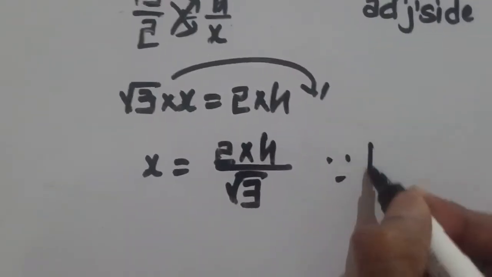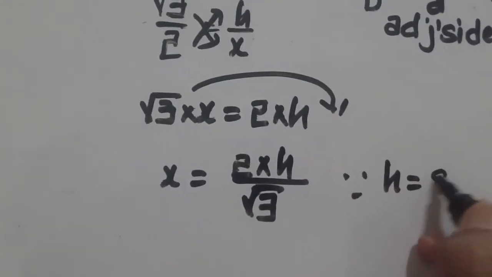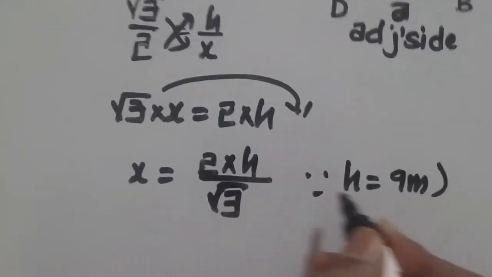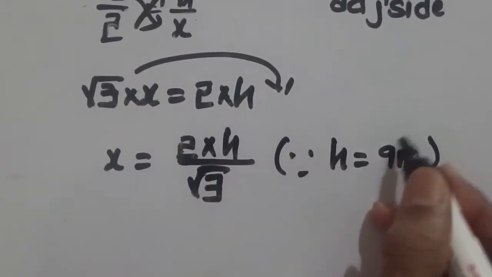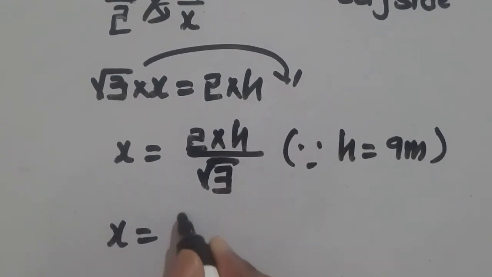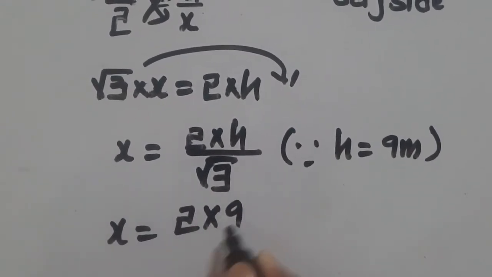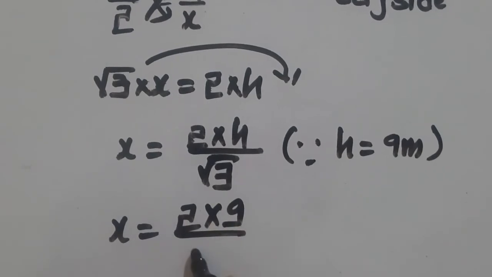Since H is equal to 9 meters, proved above, in the place of H I am writing 9. Therefore X is equal to 2 into 9 by root 3.